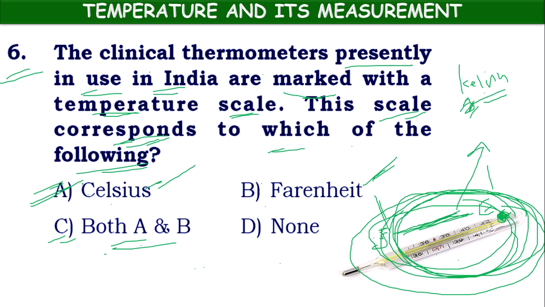But in some of the scales, they may consist of both Celsius and Fahrenheit. But as per the diagram here, the correct option is Celsius scale. So the temperature scale is calibrated in Celsius degrees: 35, 36, 37, 38, 39, 40, 41, 42. So like this, the temperature scale is from 35 degrees to 42.